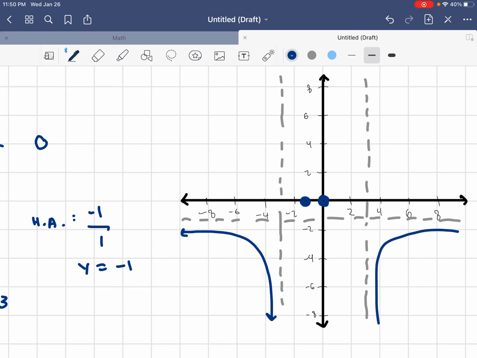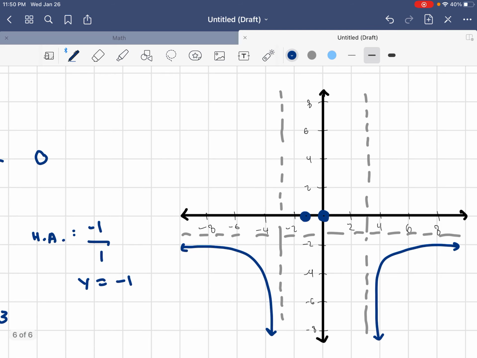So we see it doesn't affect our zeros when it's down there. And up here, you can't do this because you can never cross either one of your asymptotes. So it's going to have to be going up. Okay, good enough. So this is our rough sketch of our graph.